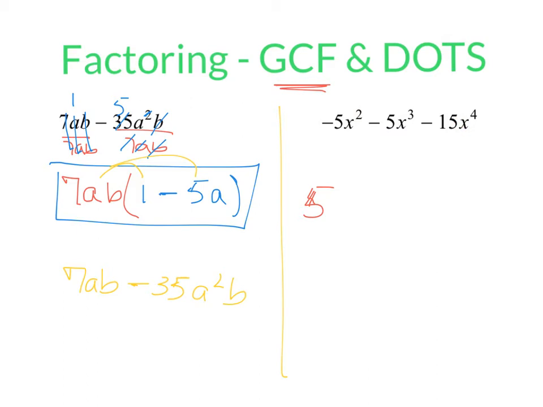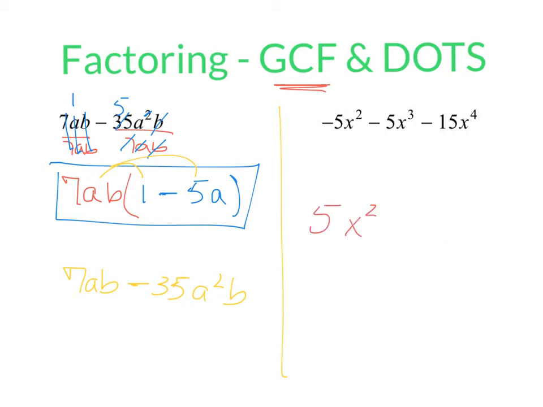So the greatest number I can pull out is 2, because this has 2, this has 3, and this has 4. So I can take 2 from here, I can take 2 from here, and take 2 from here without not having enough to pull out. So I'm going to take out a 5. I'm just going to rewrite that. I'm going to take out a 5 and then the x squared.